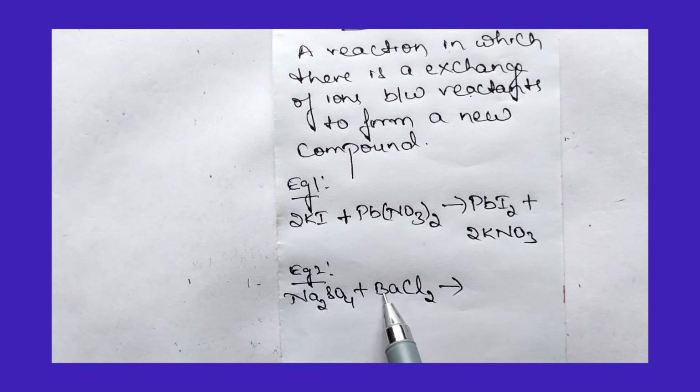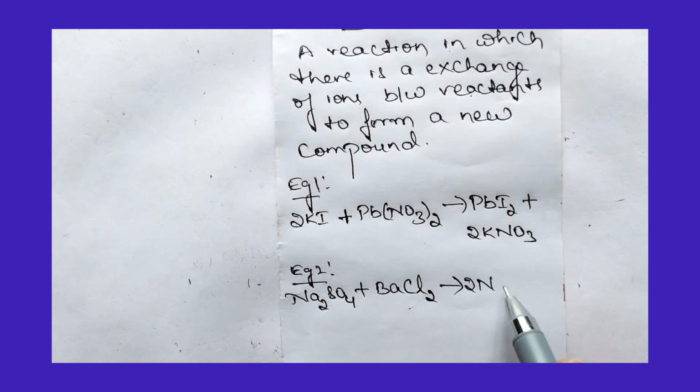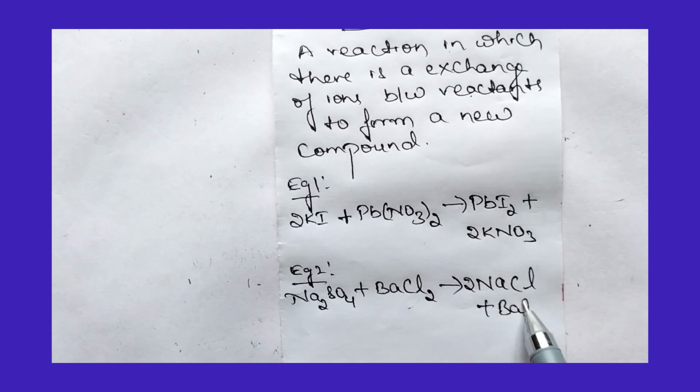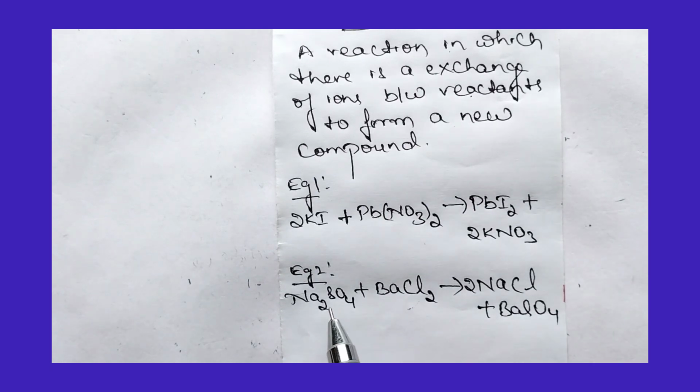SO4 combines with Ba, Cl2 will combine with Na2, and it forms 2NaCl plus BaSO4. So here since there is an exchange of ions between the reactants, a new compound will be formed, and that new compound is sodium chloride and barium sulfate.